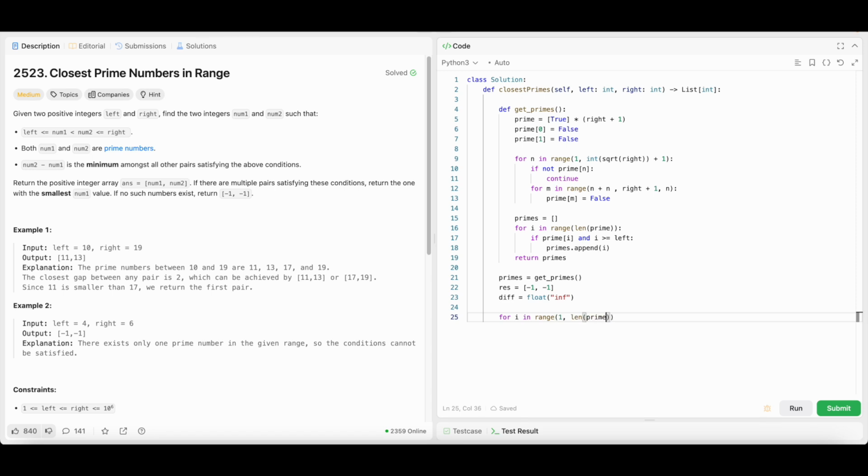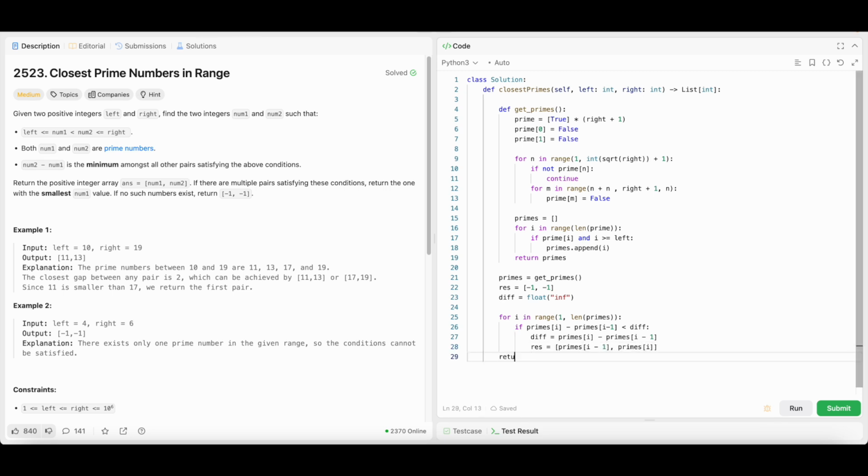For i in range 1 to length of primes, if the difference primes[i] minus primes[i - 1] is less than the difference that we originally have, then we will need to reset the difference to that. And then we will also reset the result. So result is equal to primes[i - 1] and primes[i]. And then we can return result.